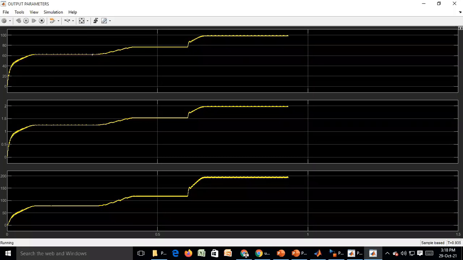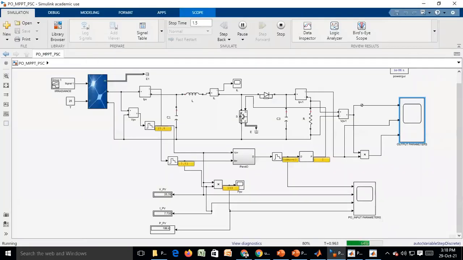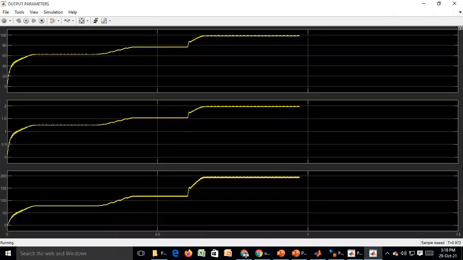Up to the 0.3 period, then 0.3 to 0.4, how it is improved, then 0.5 to 0.6. The first one is voltage, the second is current, the third is power. So we can ensure that with the PV model and MPPT technique, it is tracking the voltage and currents properly. It is able to maintain the MPPT technique at the maximum power point. The voltages, currents, and powers are all tracking properly.